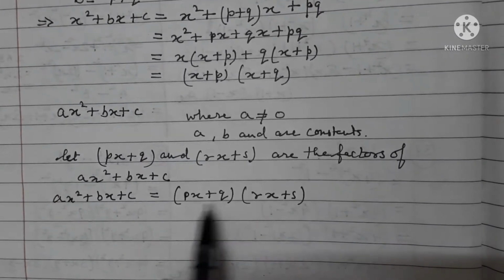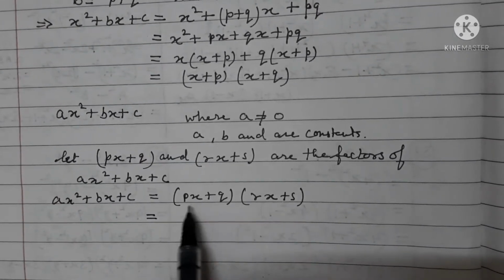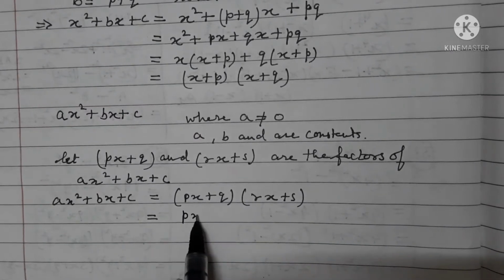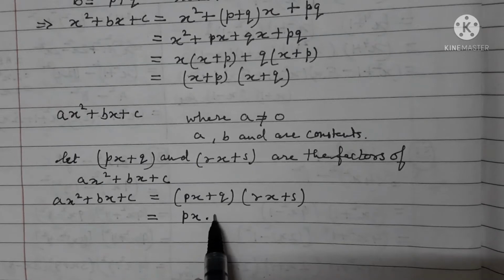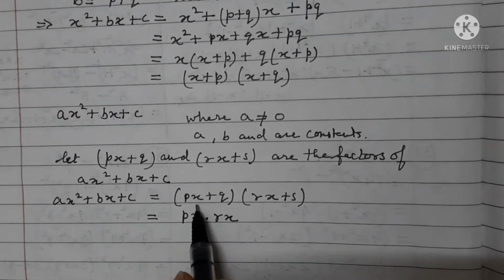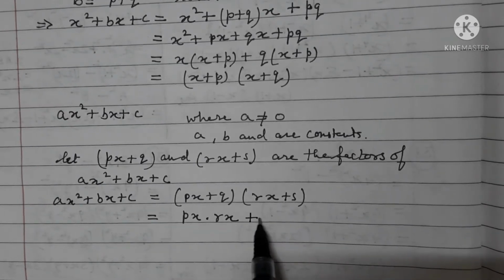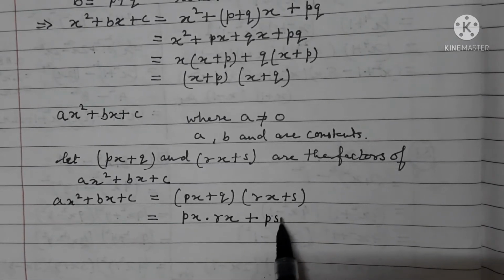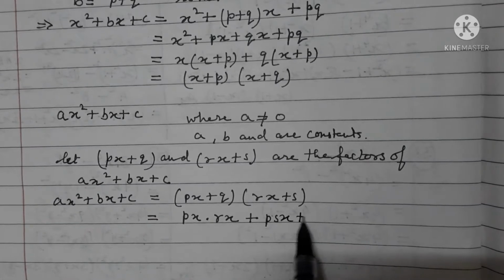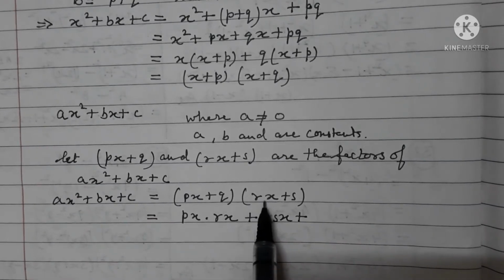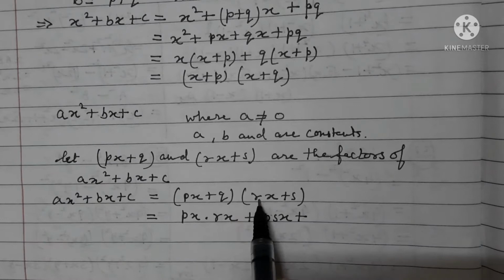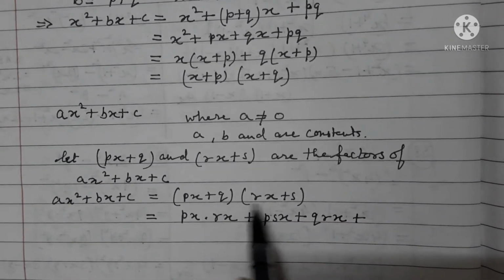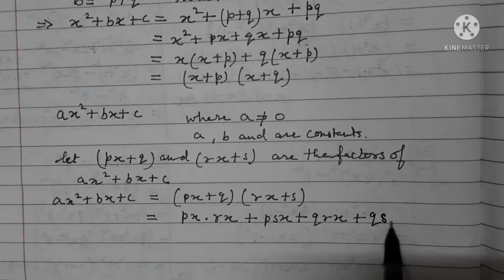Now multiply each term: px into rx, then px multiply by s, so plus psx, then q multiply by each term, qrx, plus q multiply by s, qs.